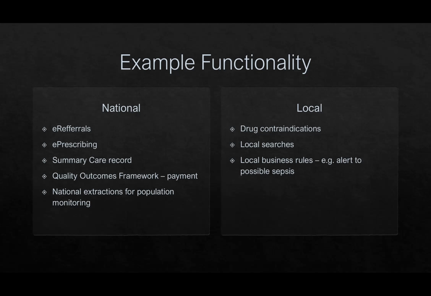For example, I think nearly all the suppliers now have software agents in the background while you are entering data, and it might alert you that this looks like early signs of sepsis and you need to take some more observations to either rule that out or confirm it. So there are quite a lot of things to ensure that GPs conform to NICE guidelines, and they're all built on SNOMED CT.